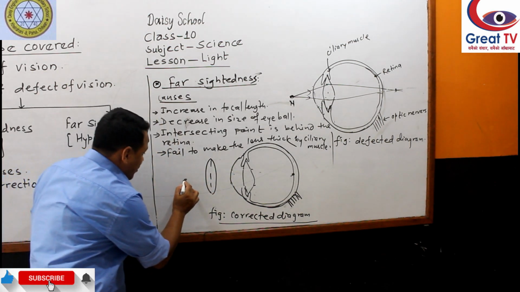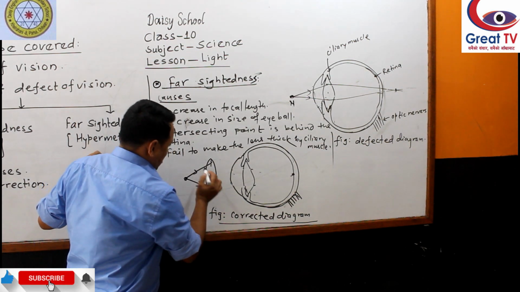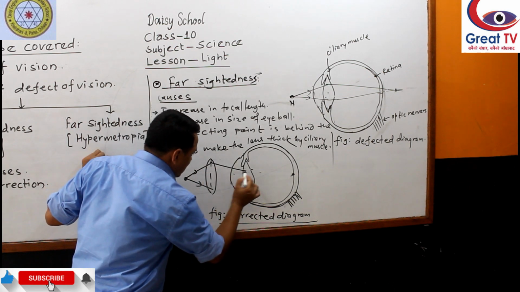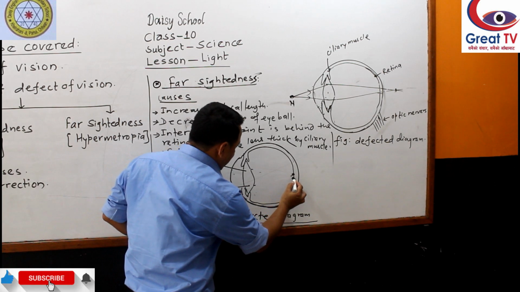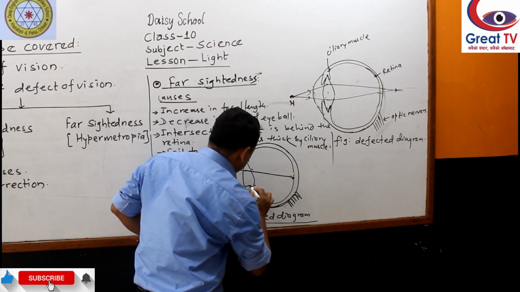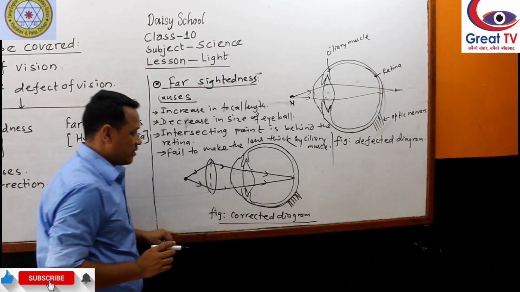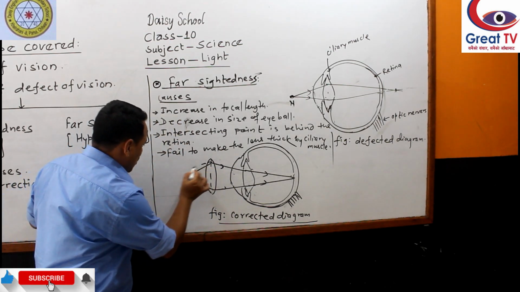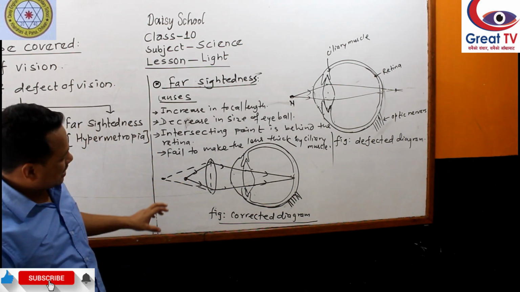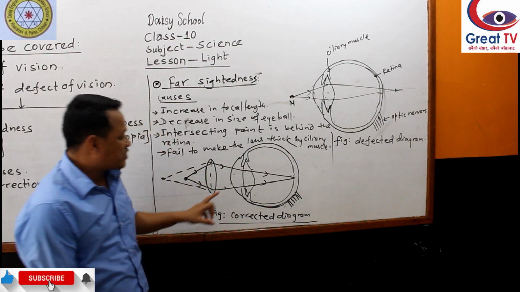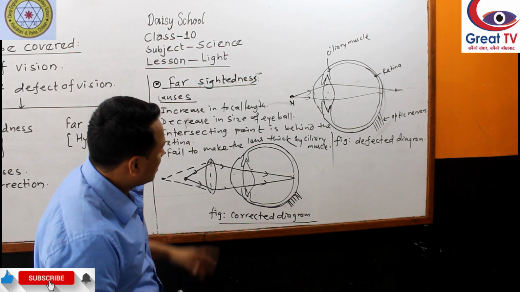So here we use a convex lens as spectacles, and the light rays from the nearby object are converged by this convex lens and the eye lens furthermore converges them at the retina, because of which the image is formed at the retina.